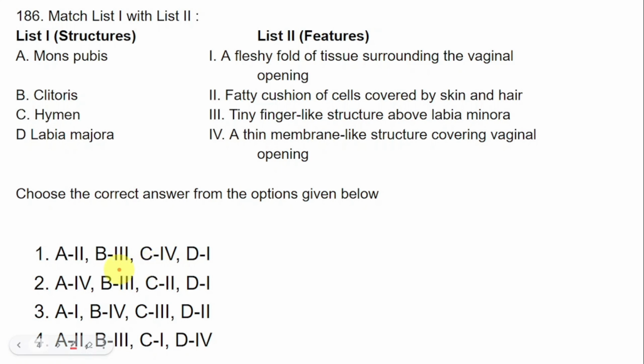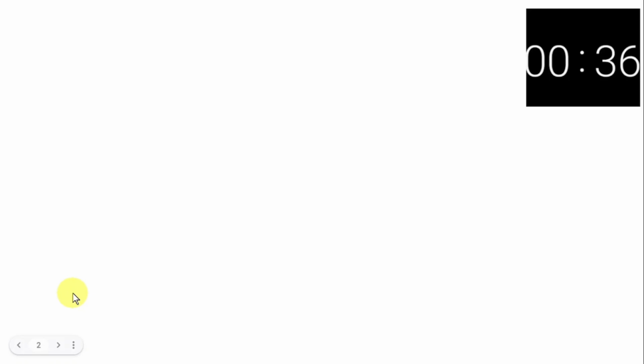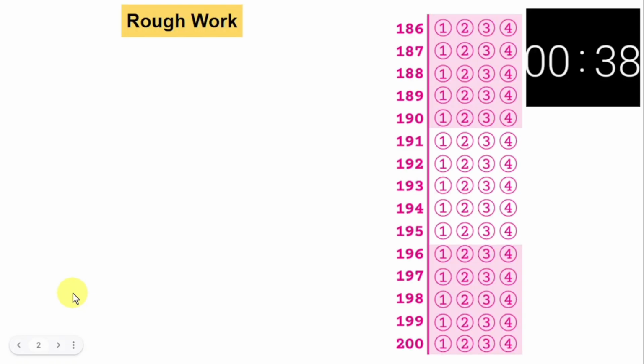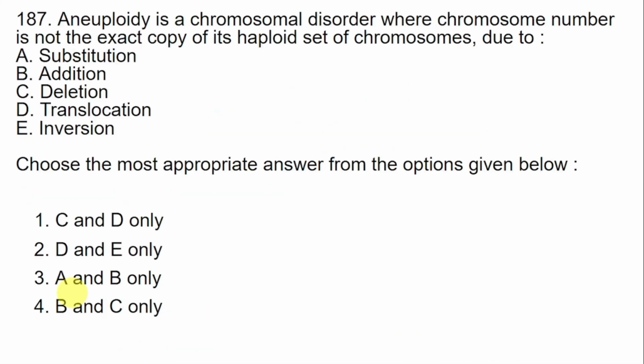So see, we have the answer with us. Option 1, 186. So do not mark it on the OMR sheet yet. First, we will just write everything here and then we will pick the best answer. So 186 is 1. Next.